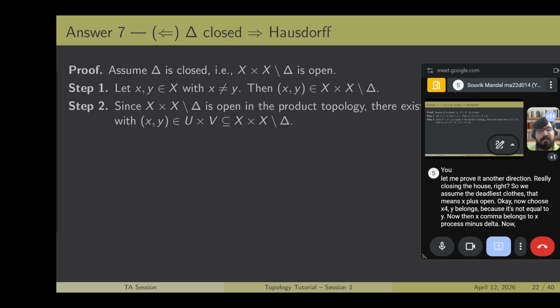Now since X cross X minus Delta is open in the product topology, there exists (x, y) belonging to U cross V, which is inside our X cross X minus Delta. So by definition U cross V is inside X cross X minus Delta, right?